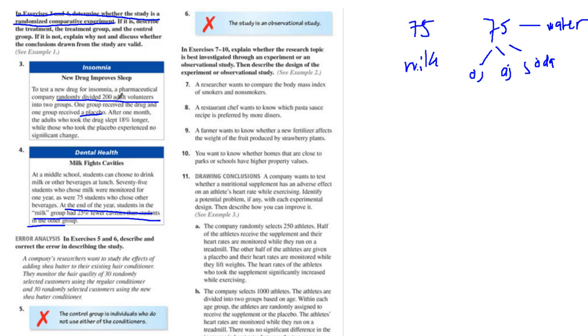My conclusion would be that the 75 students who don't drink milk likely drink something else that causes their cavities to grow, like apple juice, orange juice, or soda, because they normally have a lot of sugar in them.